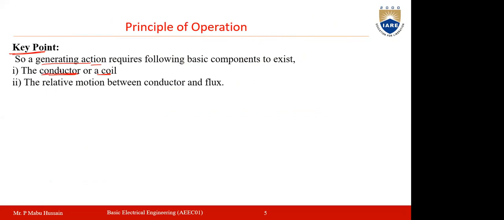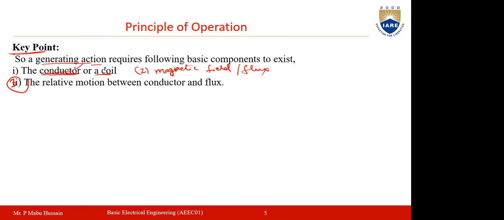The first one is a conductor or coil. The second one is a magnetic field or flux. The third one is relative motion between the conductor and magnetic flux. So three points must be there.